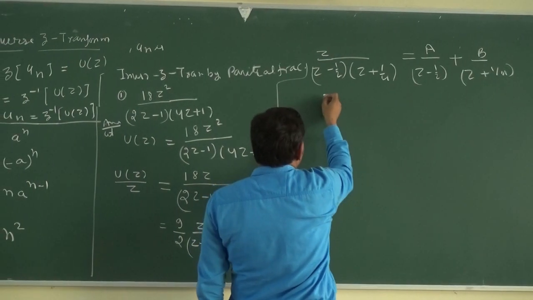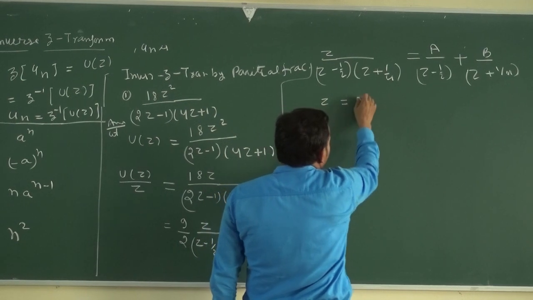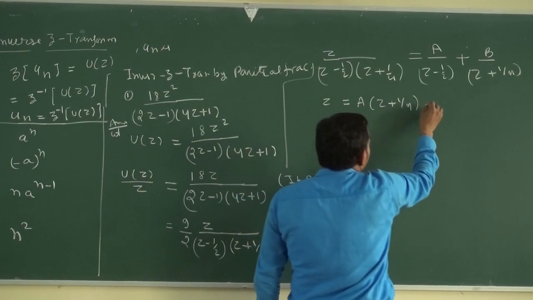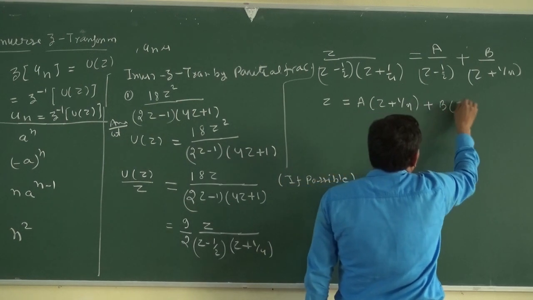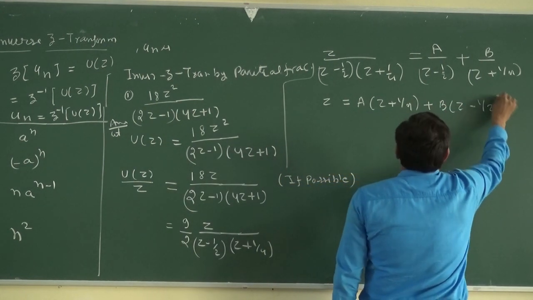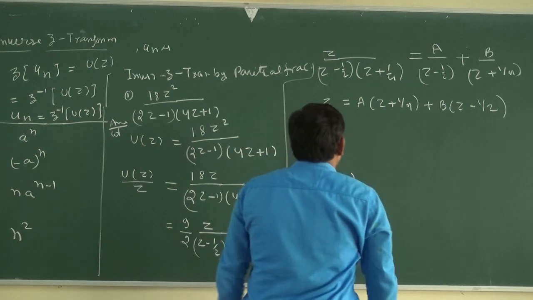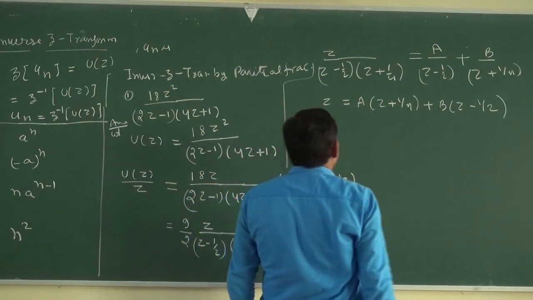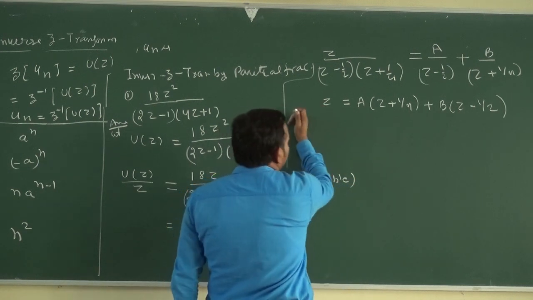So this expression can be written as a(z plus 1 upon 4) plus b(z minus 1 upon 2). Now we want to find the values of a and b.